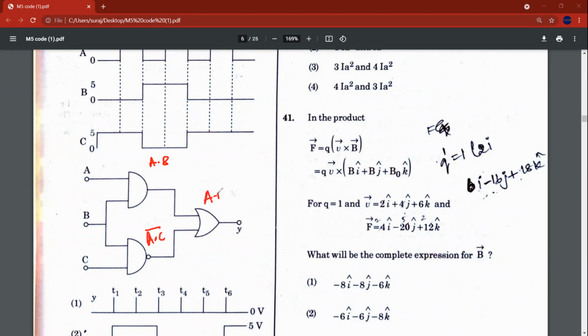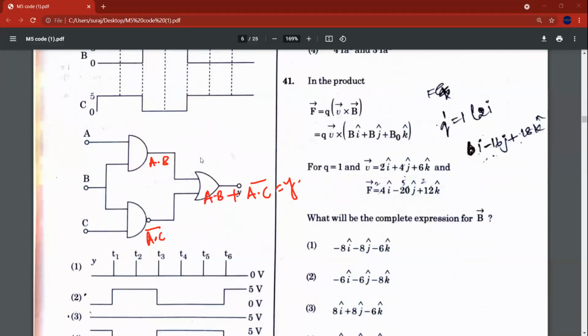This is A dot B plus A dot C bar. This is Y. At least two you should find out. A0, B0, C is 1. A0, B0, C is 0. So Y should also be 0.